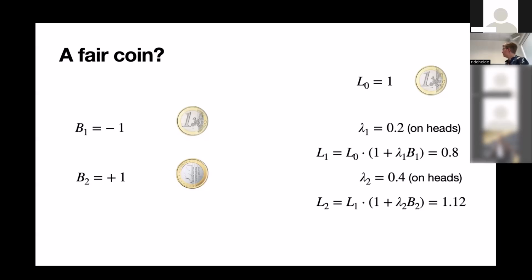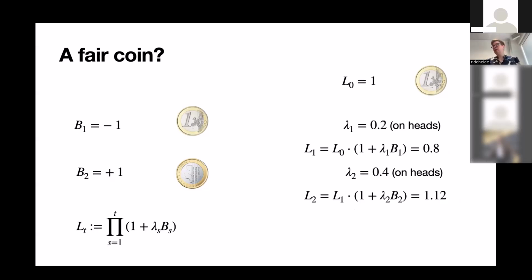This is this 40%, 0.4 times +1. So now we have a capital of 1.12. And we can do this again and again. If we write this down in a formula, what happens with our wealth at time point 2 is this product.